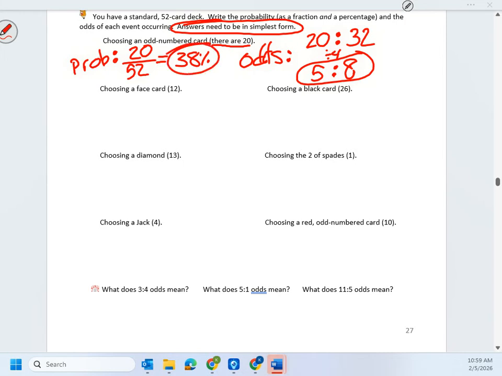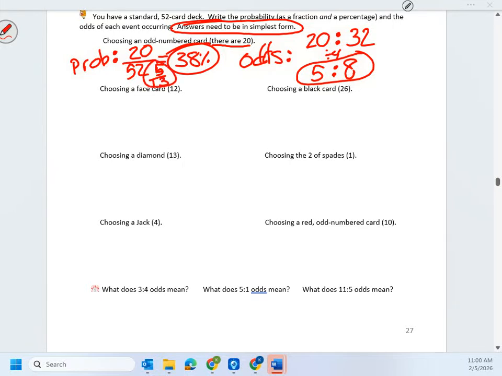So I've got my probability as a percentage. And I'm noticing on here that we did have you simplify the fraction before we go to this. So for our homework, what would 20 over 52 simplify to? 5/13.